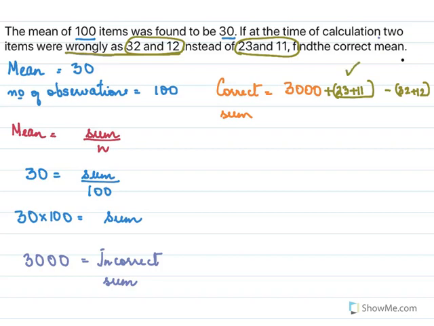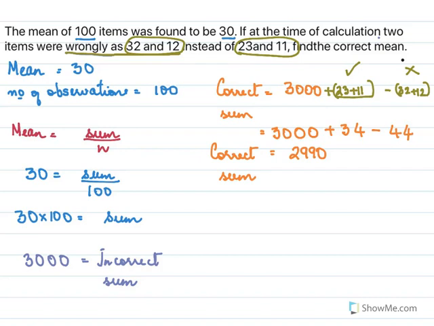The right ones have to be added, the wrong ones have to be subtracted. So now this becomes 3000 and you'll add here 34 minus 44. So that works out to 2990 and this is the correct sum.